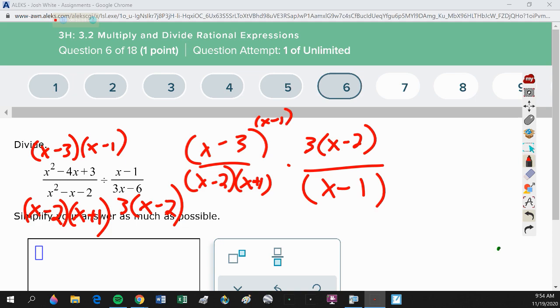Okay, that makes sense. So, the x minus 2's cancel. The x minus 1's cancel. So on top, I get 3 times x minus 3. And on bottom, I get x plus 1. And that's it. Okay, get to work.